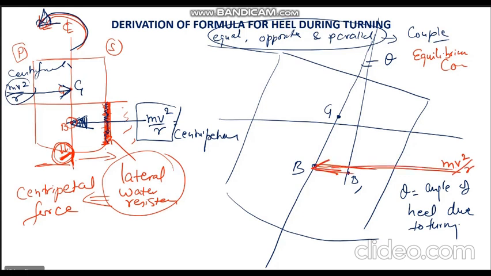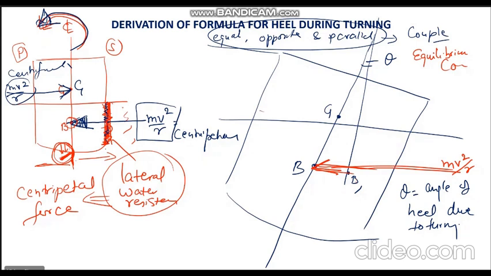Because there was already an assumption in the left diagram that the geometric center of this area lies at the same level as B. So B shifting to B1, a little bit up or down, is not going to make any difference, because we already started with that assumption. So don't get confused with B1 now. That's why I'm pointing it out before you start asking.